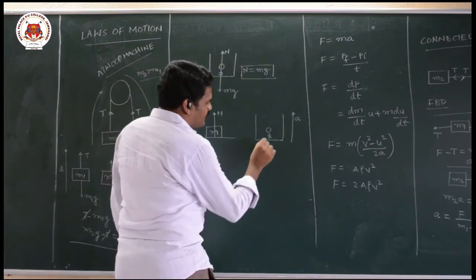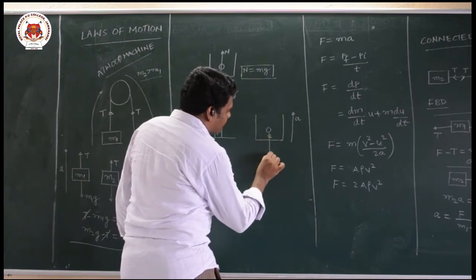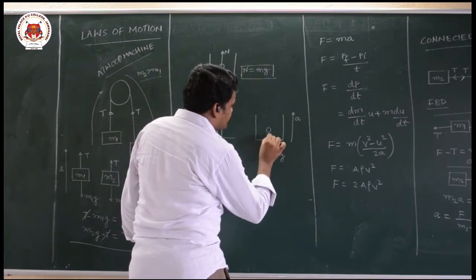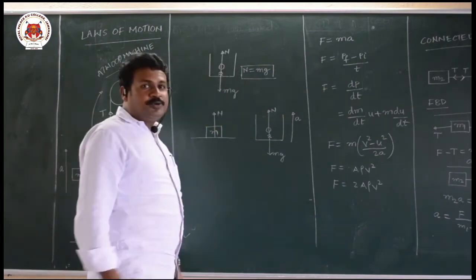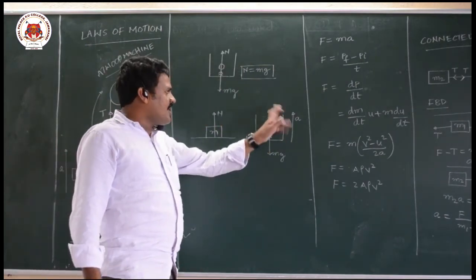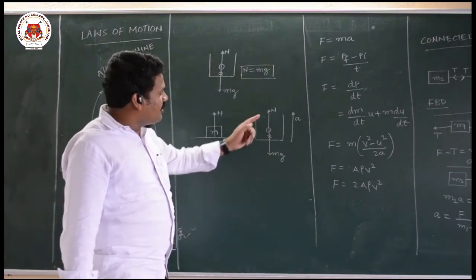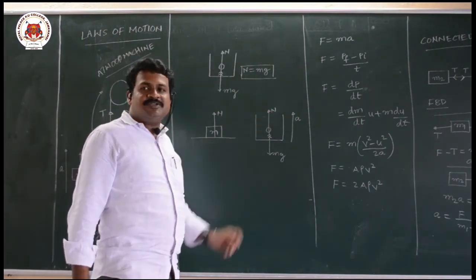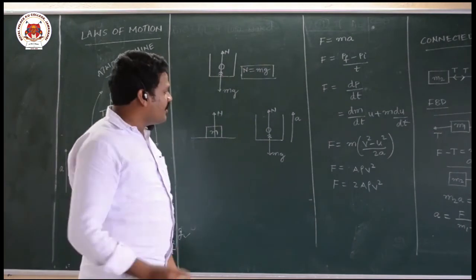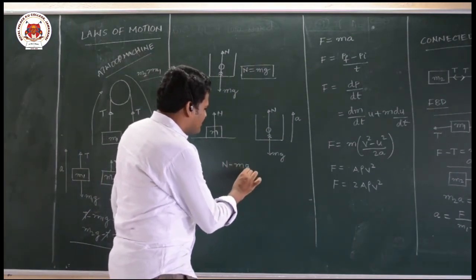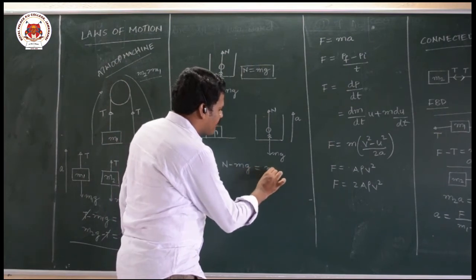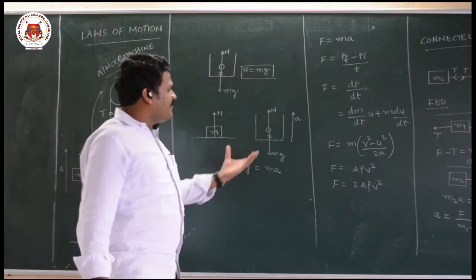Again same story, mg will act down, normal reaction is acting up. But according to Newton's second law, if there is an acceleration in the upward direction, that means N must be greater than mg. So N minus mg must be equal to ma, because this lift is accelerating.